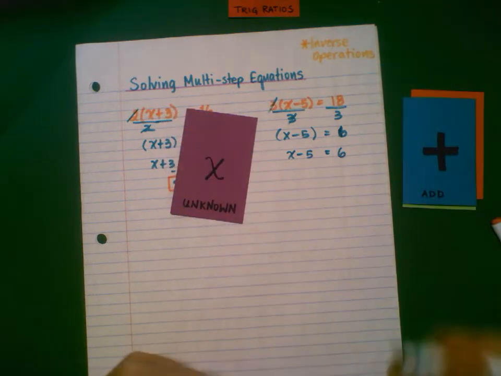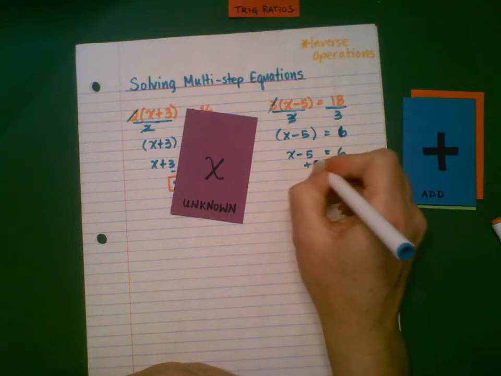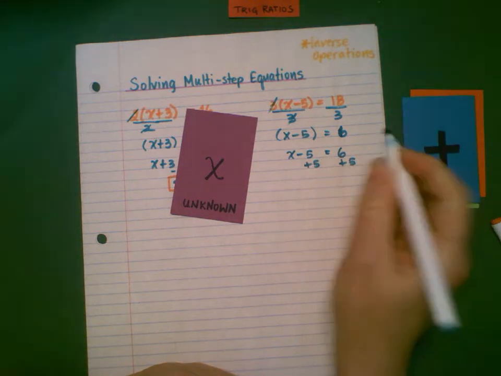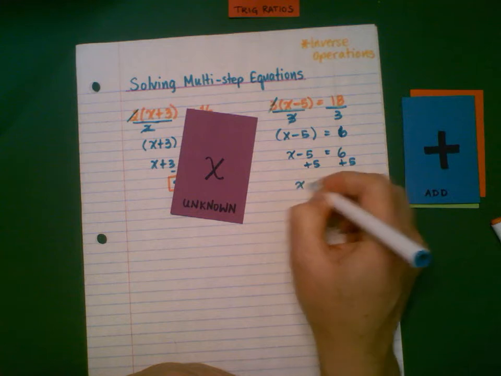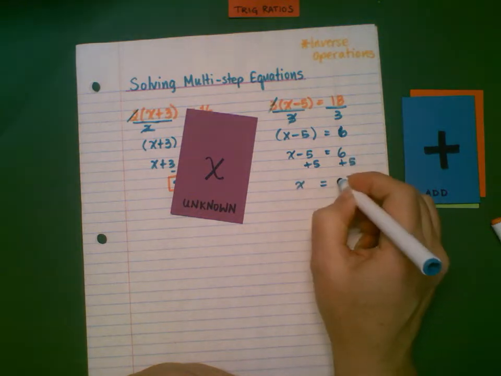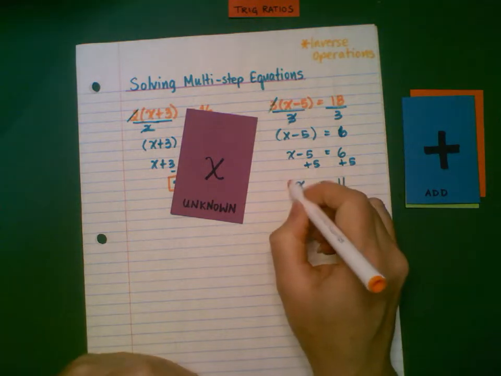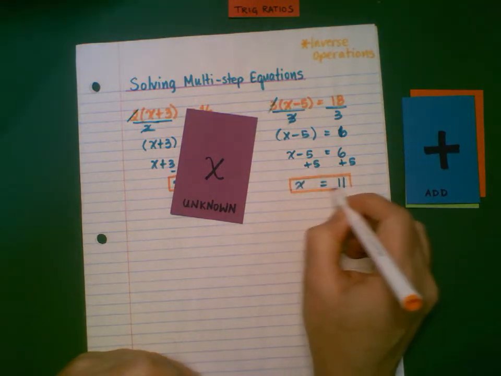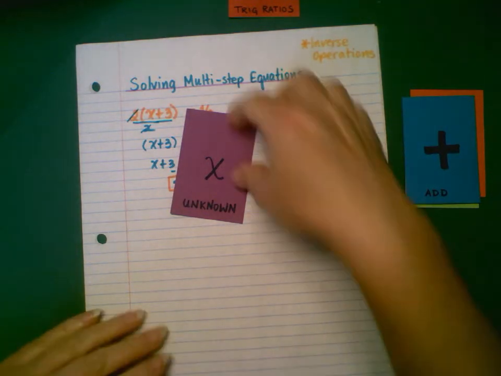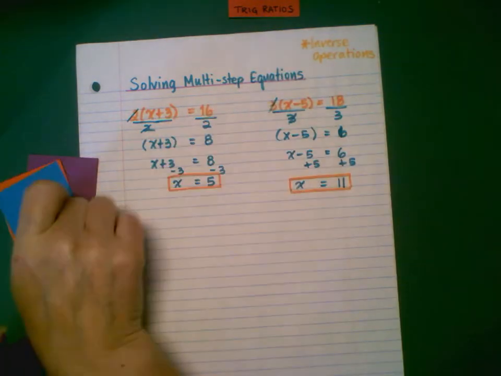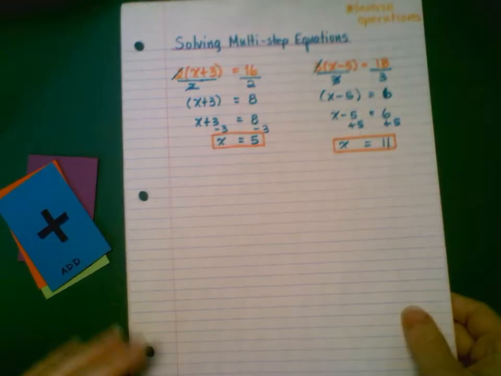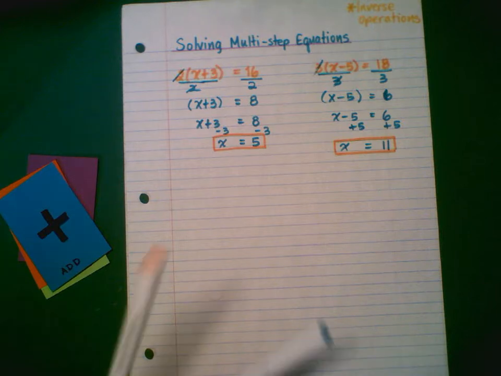So I'm going to add 5. So now that gives me x on the left and 11 on the right. Okay, one more, a little different.